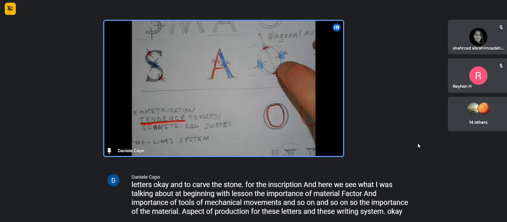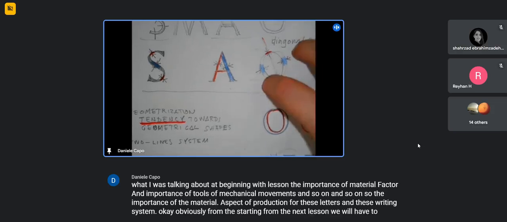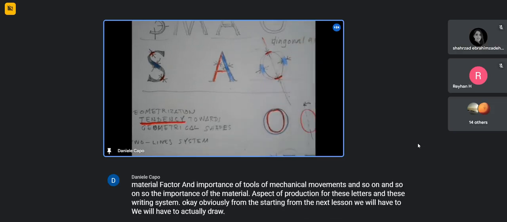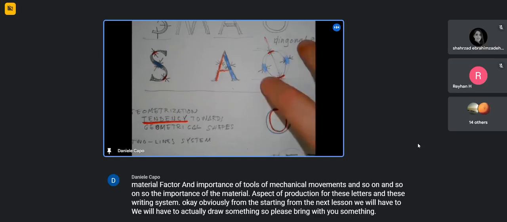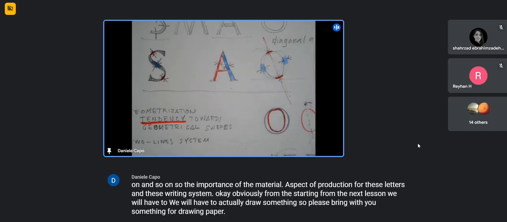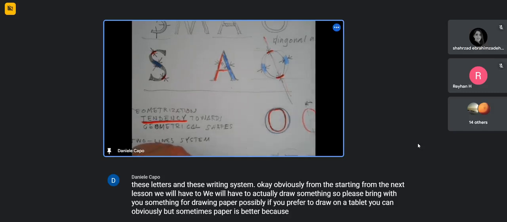Okay. Obviously, starting from the next lesson, we will have to actually draw something. So please bring with you something for drawing, paper, possibly. If you prefer to draw on a tablet, you can, obviously. But sometimes paper is better because it is less exact.